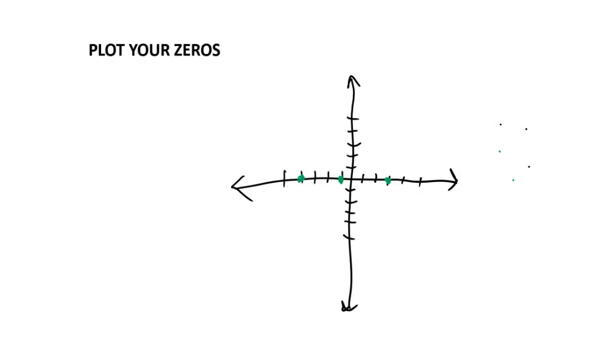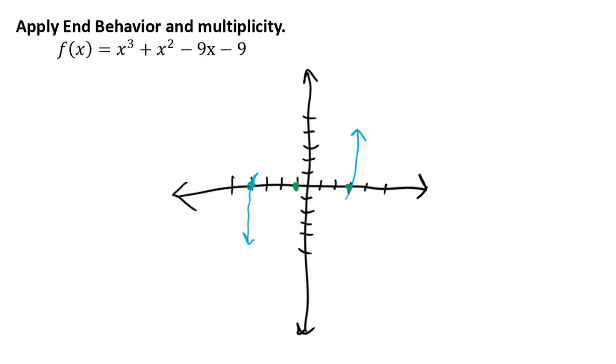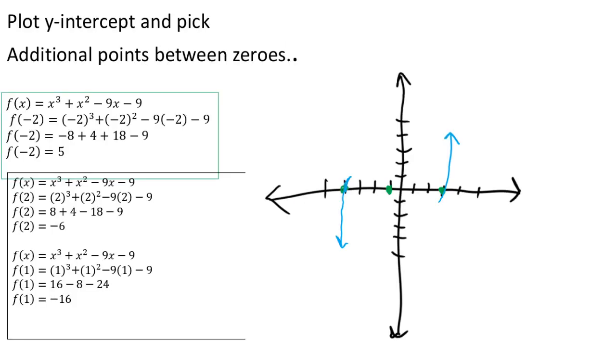So we can go ahead and graph and plot our zeros to draw this curve. Again, the end behavior: because the leading coefficient here is positive, it's going to fall on the left and rise on the right. We can put some more values to get a more accurate graph.